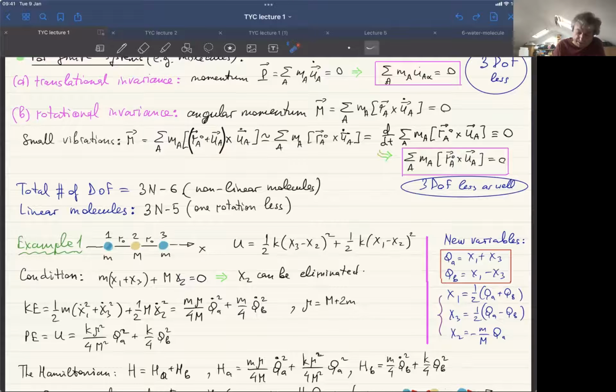For small displacements, this expression would be given as a sum of two terms. And we can neglect the term quadratic in atomic displacement and only leave the term which is linear. So we neglect this and arrive at that expression here.